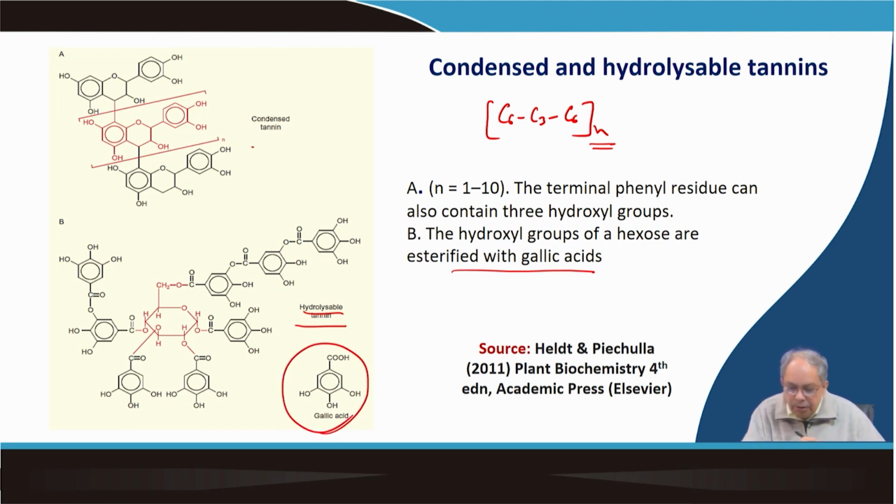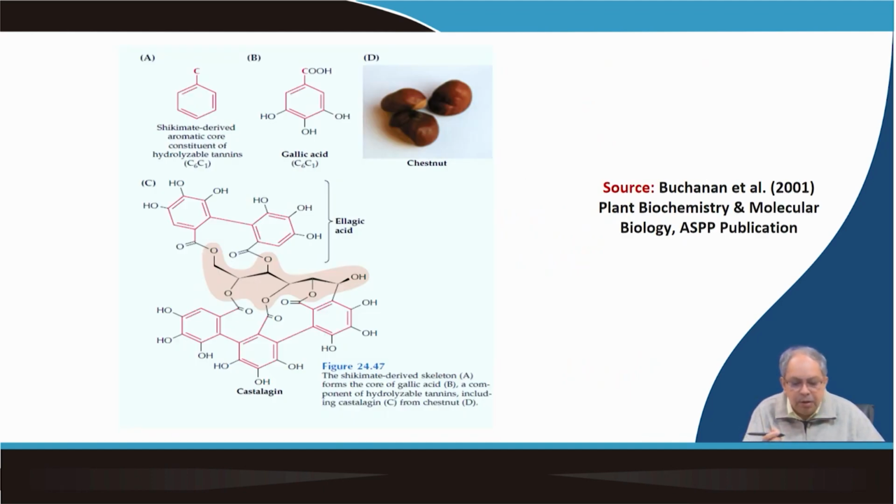And yeah, so this is condensed tannins you find in different plants like Haritaki, Bahera, in these plants you will find condensed tannins. So, this is again another example of hydrolyzable tannins, which is found in the chestnut, Castalagin, this is the name of this.